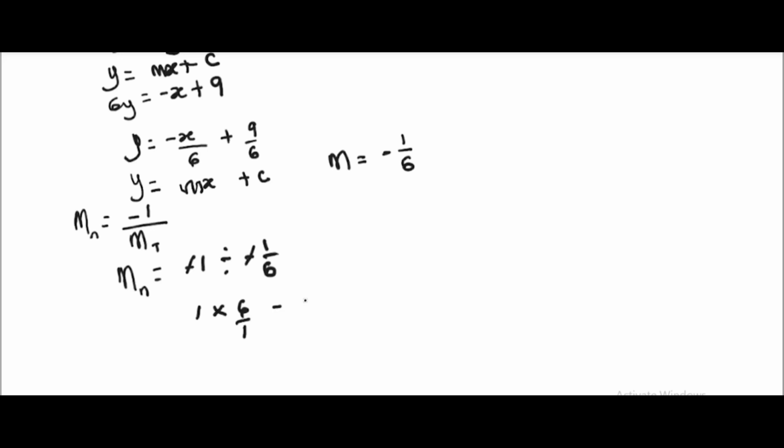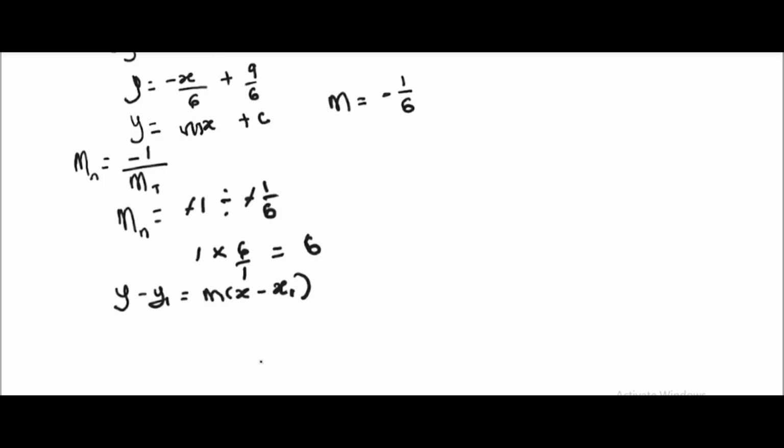So that means the slope of the equation of normal is 6. Okay, so y minus y1 is equal to, in one point form, because we have a point x1 comma y1, m into what? X minus x1. So we have our x1 comma y1, and we now have our slope. So let's substitute to get the equation of normal. As simple as ABC. Don't need to stress yourself.